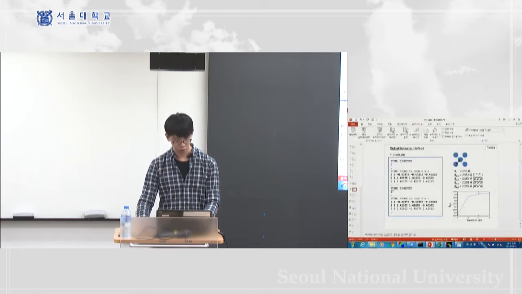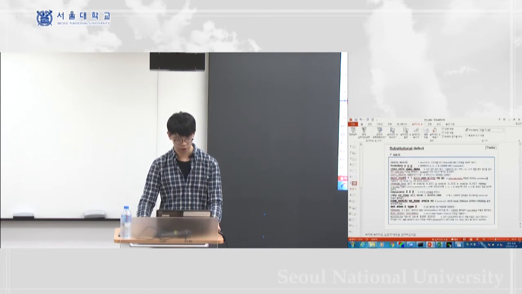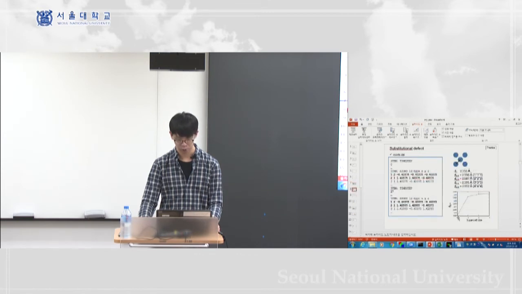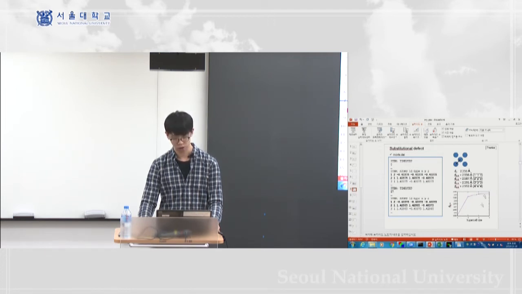When we change the supercell size, in this case we did a 3 by 3 by 3 supercell, but if it changes to 1 1 1 or 2 2 2 or something like that and we calculate the same distance, it's going to be plotted like this. In this case, the largest supercell, which is 4 by 4 by 4, is the reference. And we can see that 3 by 3 by 3 or maybe 2 2 2 is enough for the distance convergence.